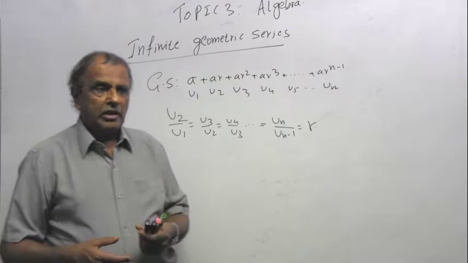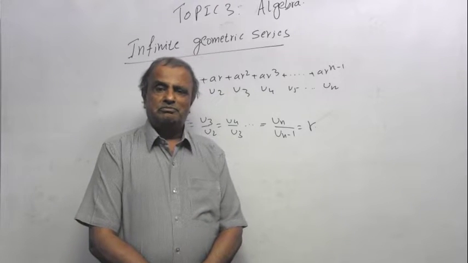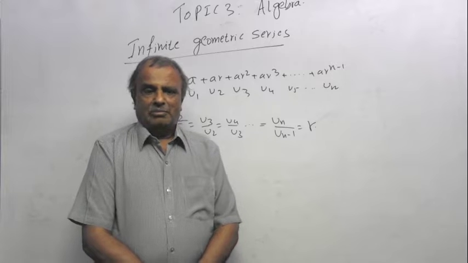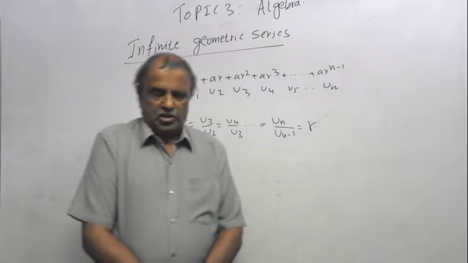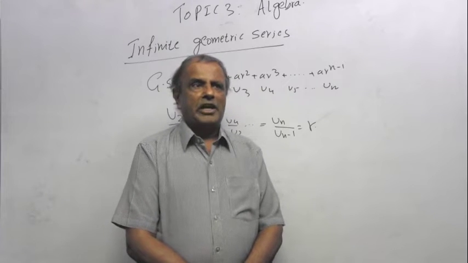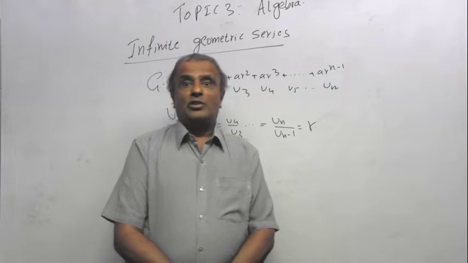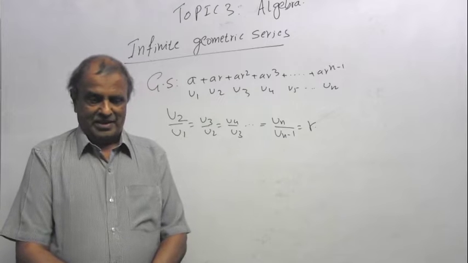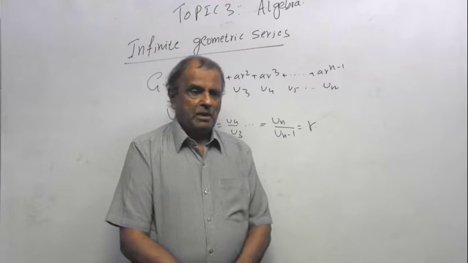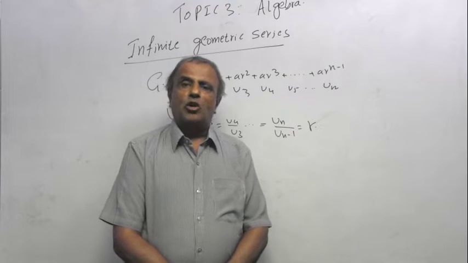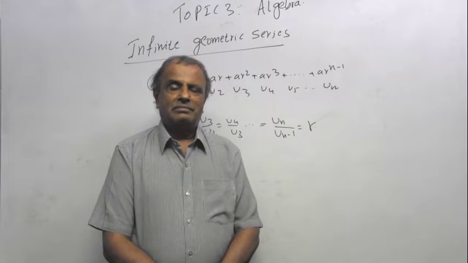What about if r is minus 0.2? Fine. Minus 0.2 is minus 2 over 10. Square it, plus 0.04, which is 4 over 100. Multiply by another minus 0.2, it is minus 8 over 1000.